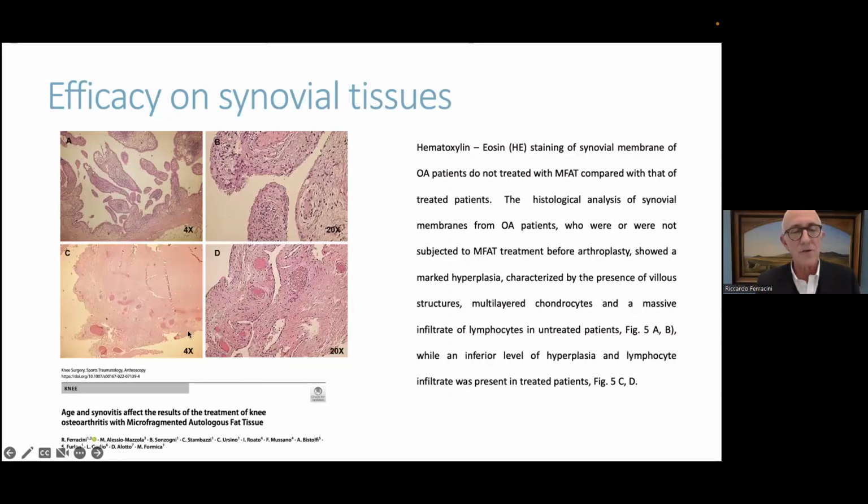They were operated on, and we studied the synovium. The synovitis is dramatically reduced, and this is a published paper, in patients treated with MFAT. So even if the results are not good and the patients still want to do an arthroplasty, we can still see and measure the efficacy of the extract.